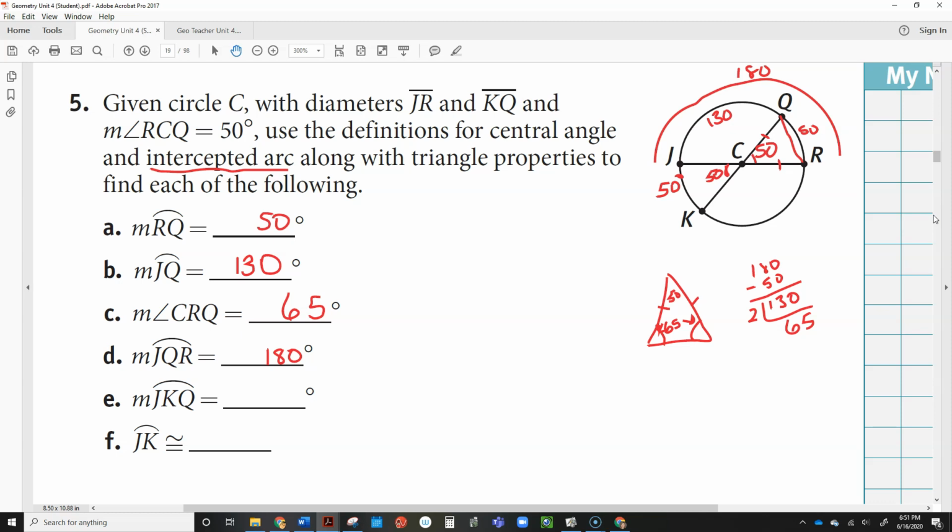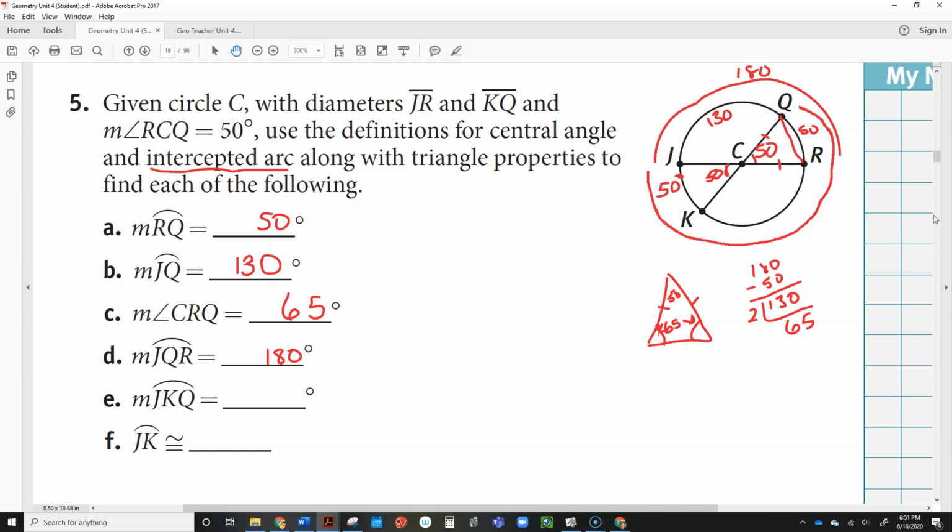And so the measure of arc JKQ, okay, now we're going to go from J to K and then all the way back around to Q. So we're doing the 180 degrees right here from J all the way around to R, which is a semicircle.